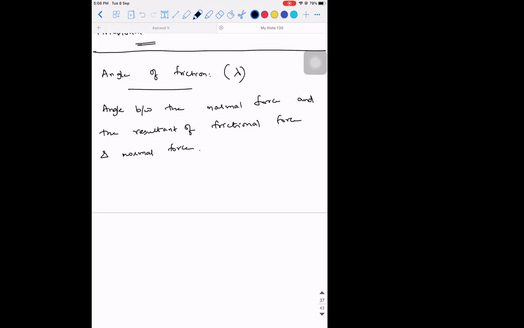Okay, I'm repeating it. It is the angle between the normal force and the resultant of frictional force and normal force. Let us see what is the meaning of it.